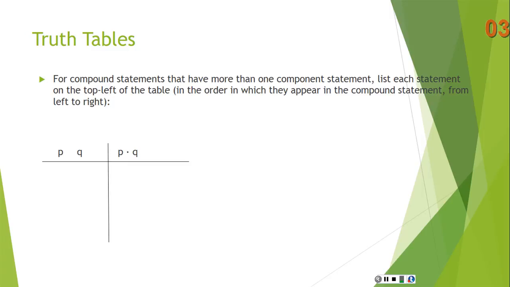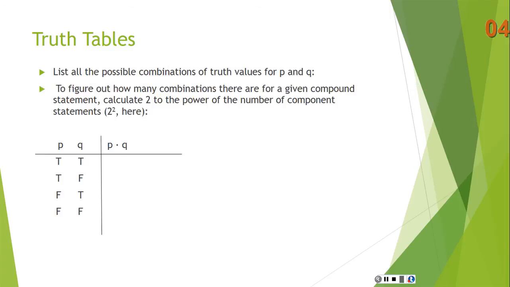So on the top left side of the table, we list P first and Q second. And then, of course, the compound statement goes in the top right. Now we can list all the possible combinations of truth values for P and Q. We'll do that in the bottom left.